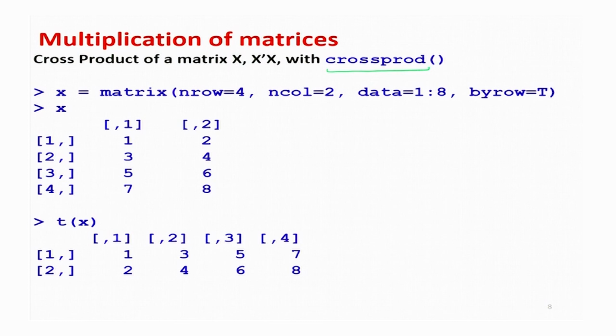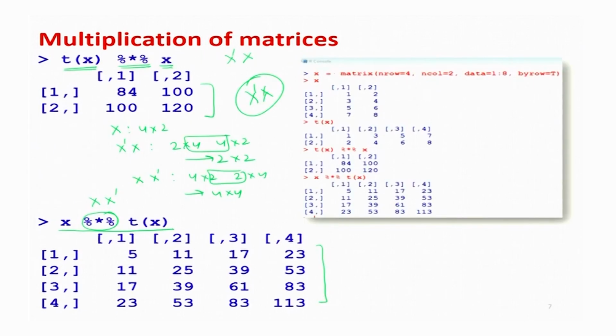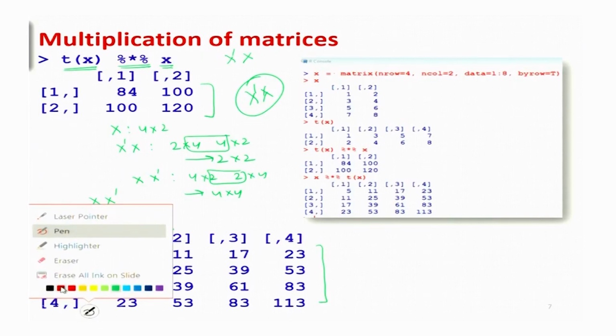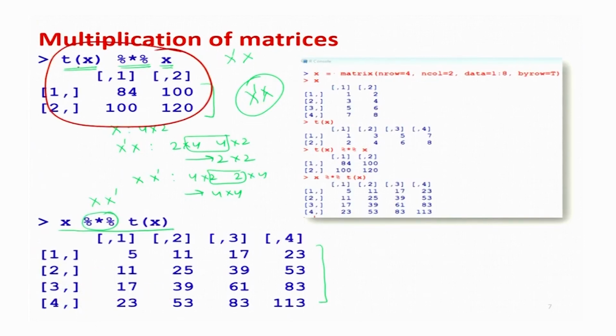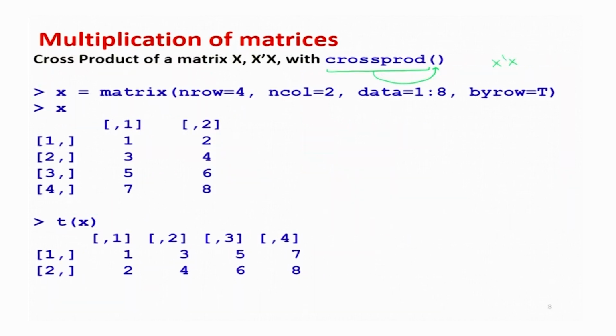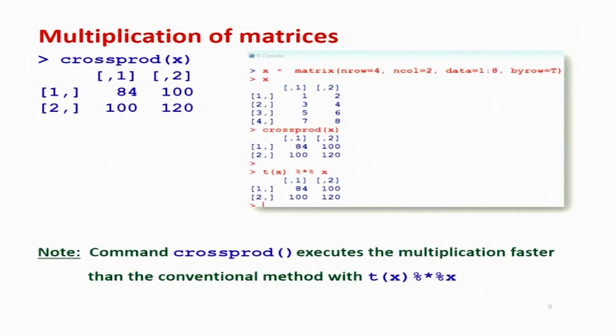And in case you use this function CrossProd, and inside the parenthesis you write the matrix, then you will get the outcome of X transpose X. So, you do not need to write the entire statement, but you can just write one simple command, and if I write CrossProd X, you can see that this value comes out like this.